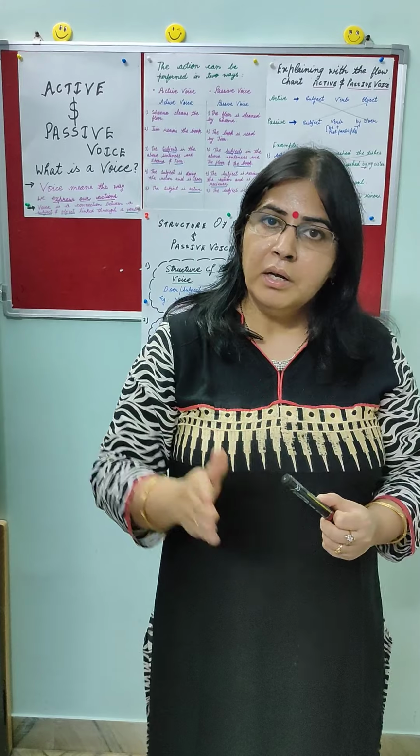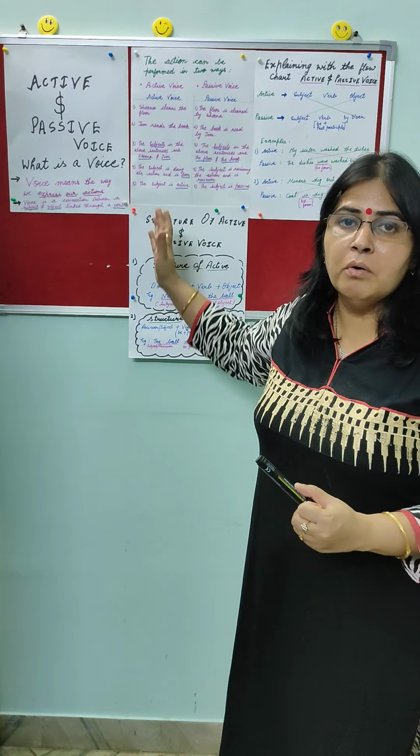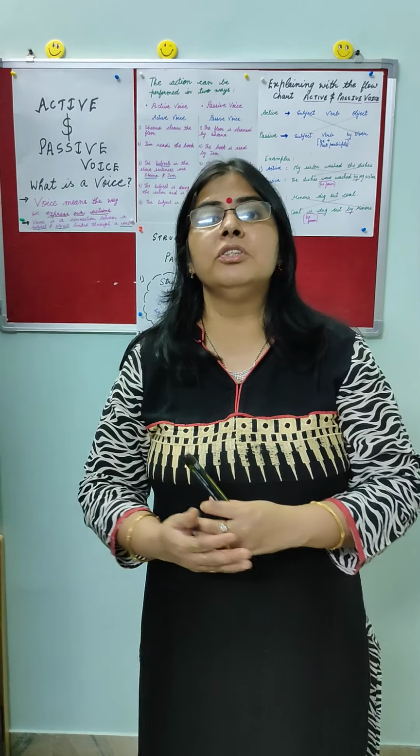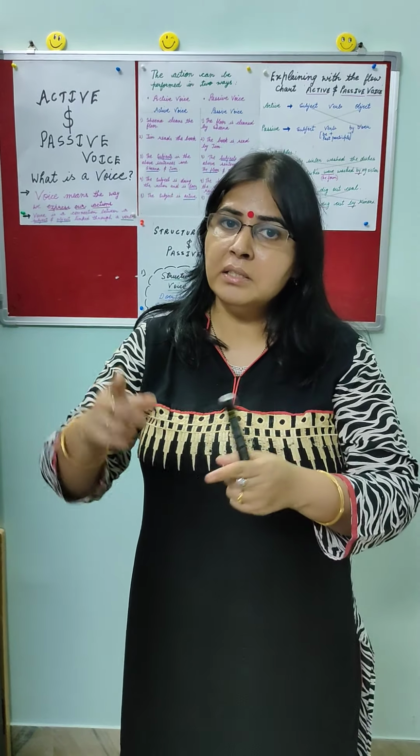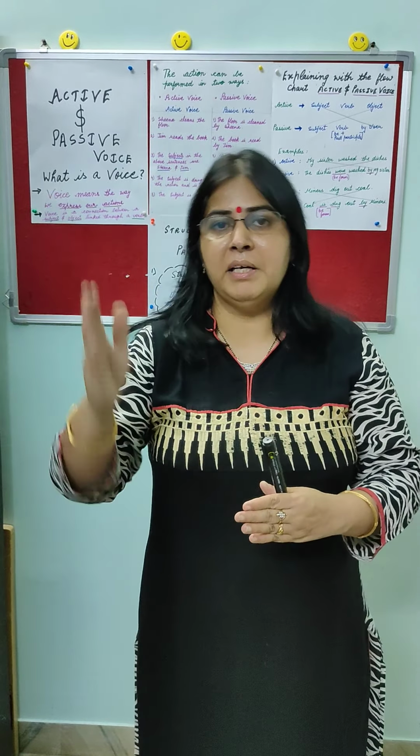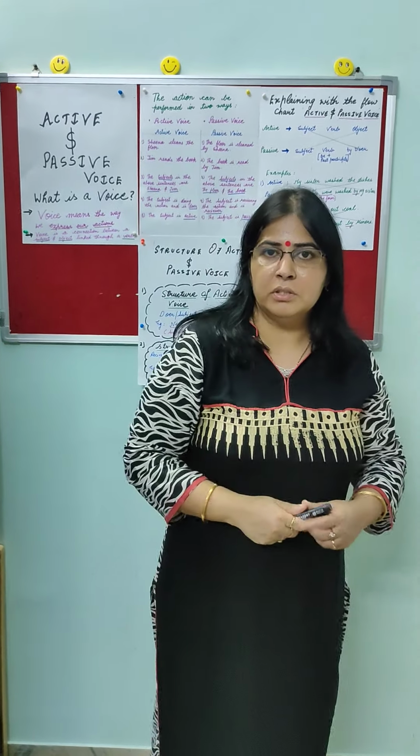But for now, let us have a clear picture of what is active voice, what is its structure, and how it is used. So in the next class, be ready for the conversions from active to passive and passive to active. Thank you, dear children. Stay safe.